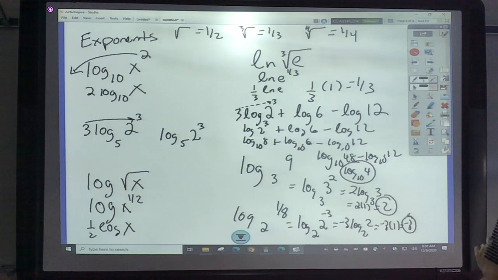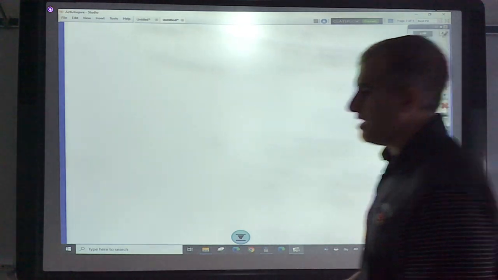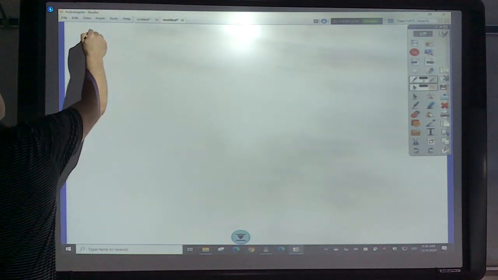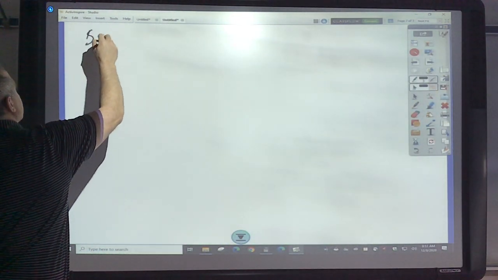Very common to see that when you have different bases, or if they want you to write it as something to simplify. So what I'd like you guys to do is try to simplify these.